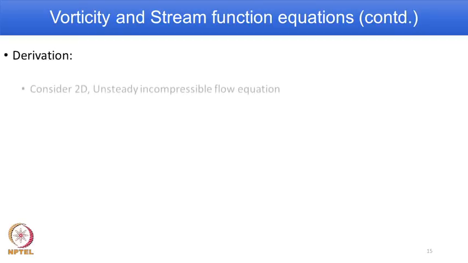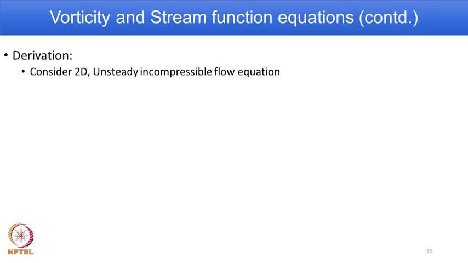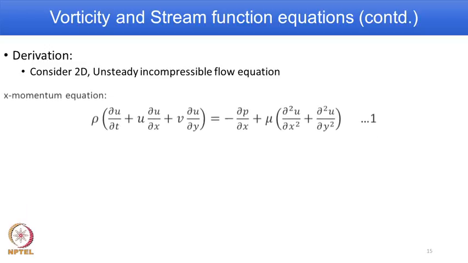Okay. So, we will do a detailed derivation of the vorticity stream function formulation. The starting point is always again the momentum equation. So, take the momentum equation and consider a 2D situation, which means you can consider the x and y momentum equations with the unsteady term.